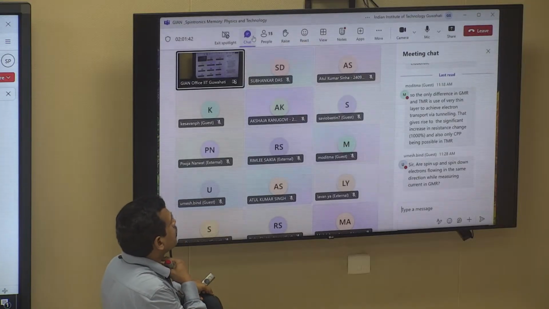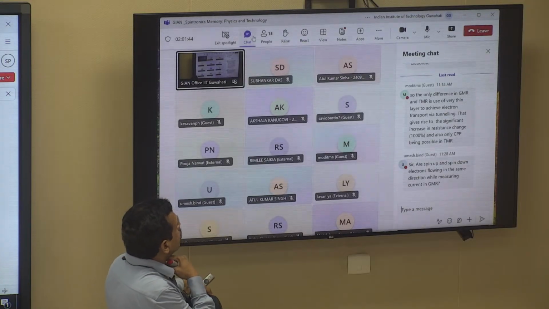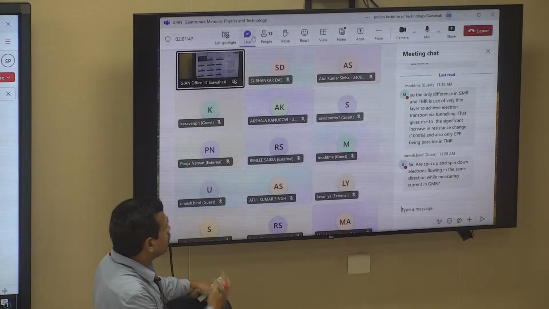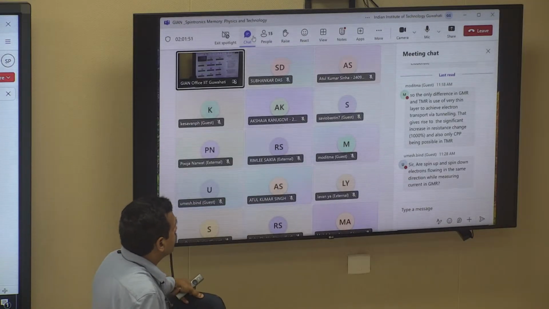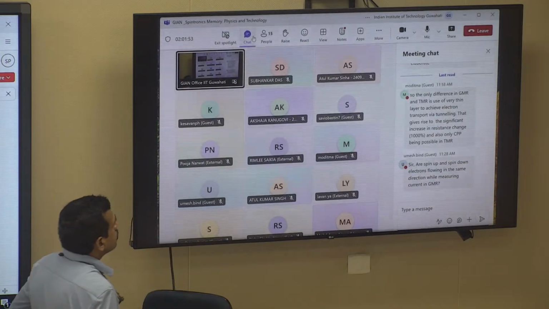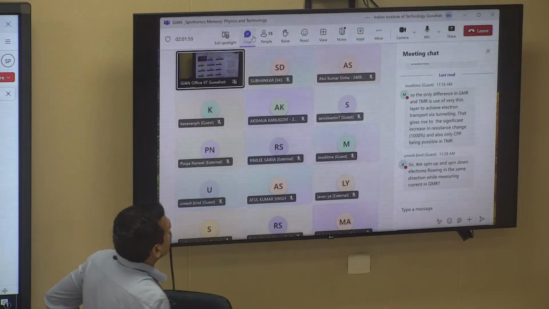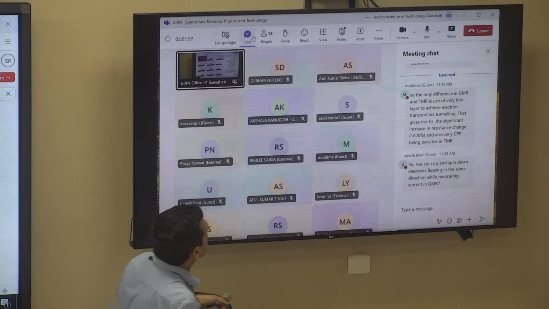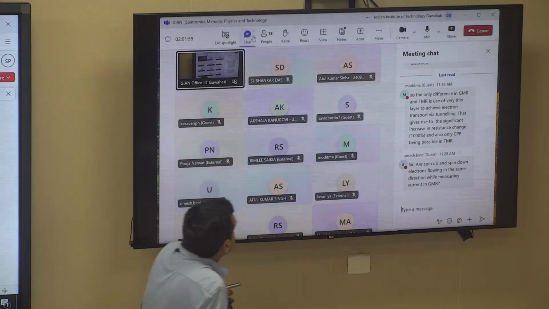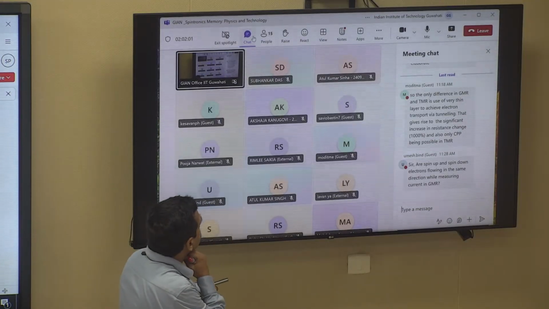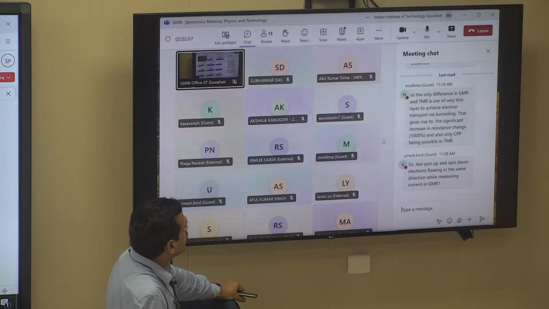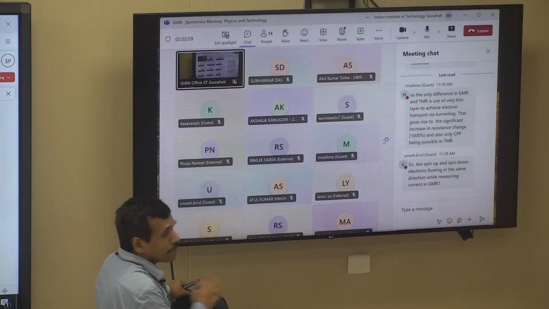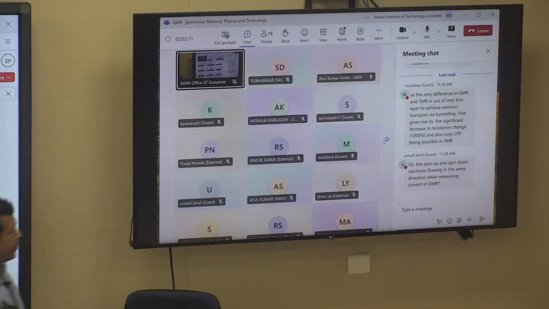So, both spin up and spin down electrons are flowing in the same direction, but you can imagine that they are flowing in two different channels. One additional point I wanted to make: in GMR it is spin dependent scattering, in TMR it is spin dependent tunneling. Okay, that is the difference.